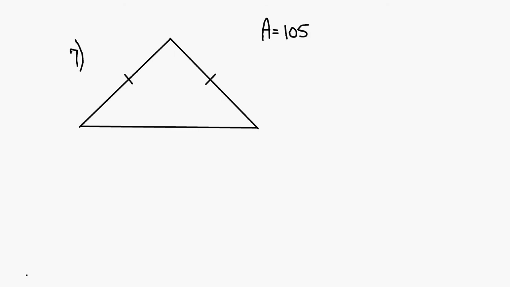Base is 14. So this down here is 14. What is the length of each leg? Round your answer to the nearest tenth. So they're looking for this piece right here.